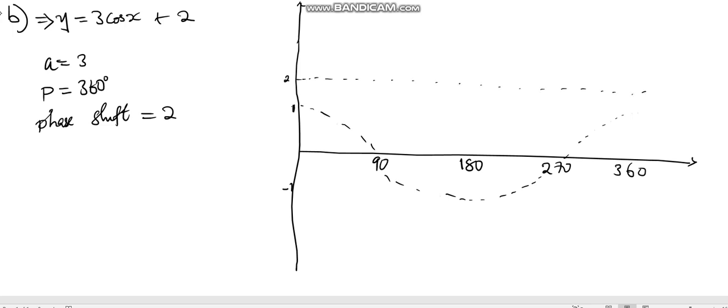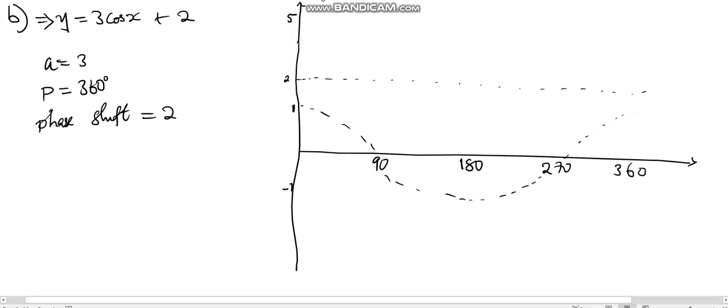So let's check here. The amplitude here is 3. So meaning that here we're going to have 2 plus 3 is going to give us 5 there, and 2 minus 3, coming down, we're going to get a -1 here. So meaning that these two will behave as our maximum and minimum, around the 0 line there.